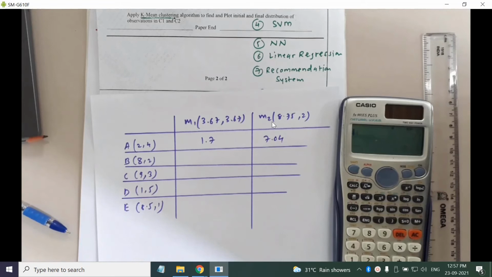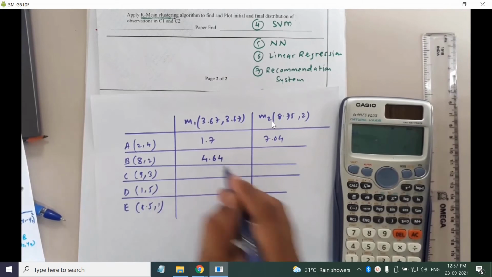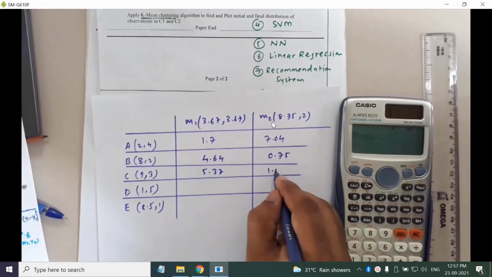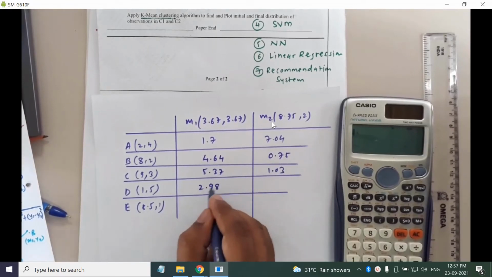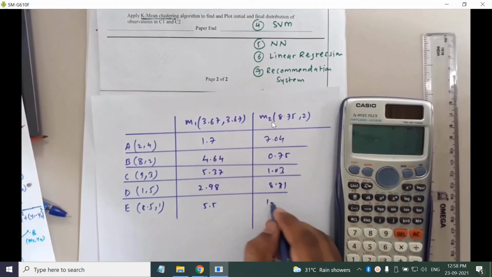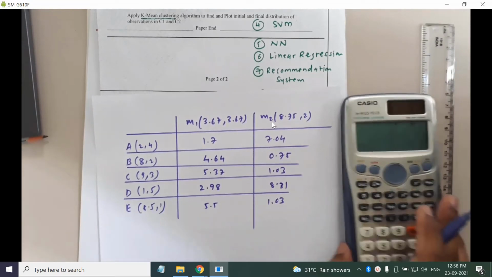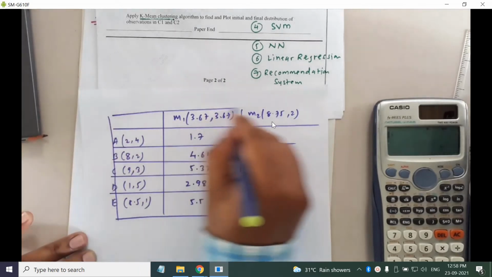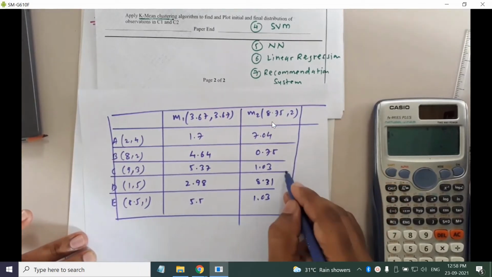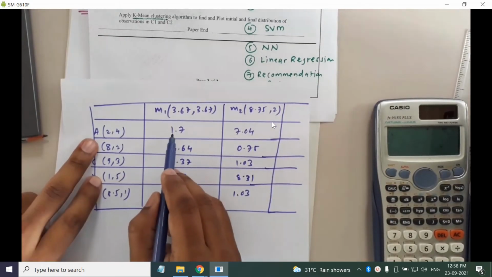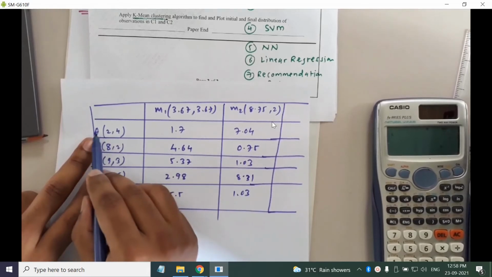And I will be filling in the table. So I have the values 4.64, 0.75, then 5.37, 1.03, 2.98, 8.31, 5.5 and 1.03. Now just try to analyze this table. This value represents the distance between A and M1.